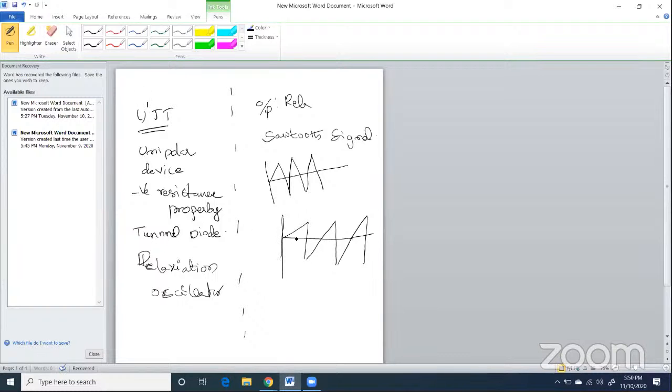And the main application of this sawtooth signal is most important. In one technical interview, the technical resource person asked a question regarding this. Where are we using the sawtooth signal, what is the application of the sawtooth signal?